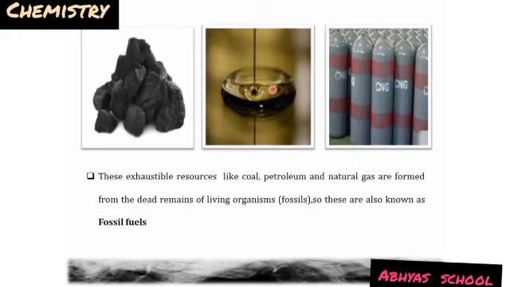These exhaustible resources are formed from the dead remains of living organisms. Fossils. Fossils are the remains of dead plants and animals which were obtained millions of years ago. And the fuels which are obtained from these fossils are called fossil fuels. So in this chapter, we will study basically three fossil fuels, which are coal, petroleum and natural gas.